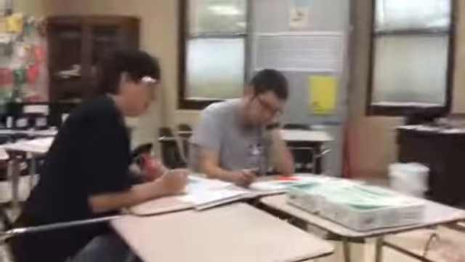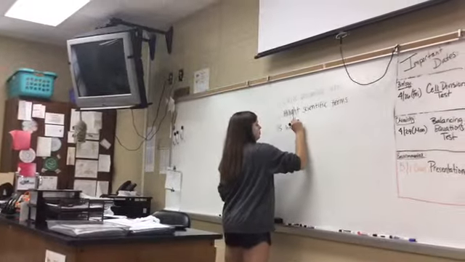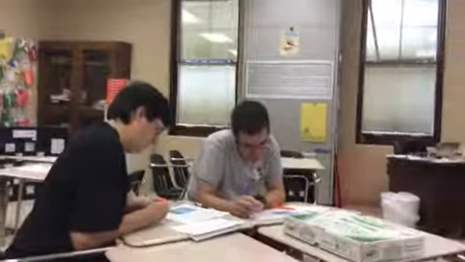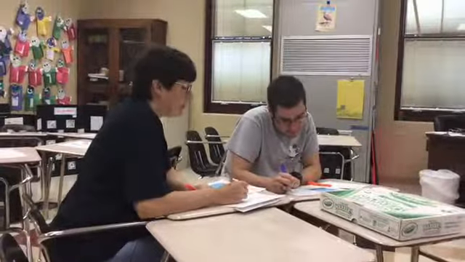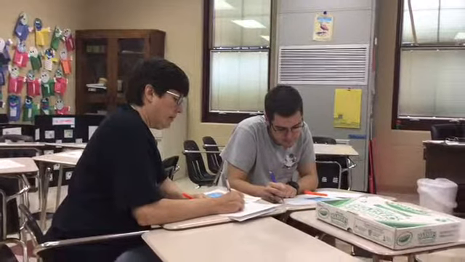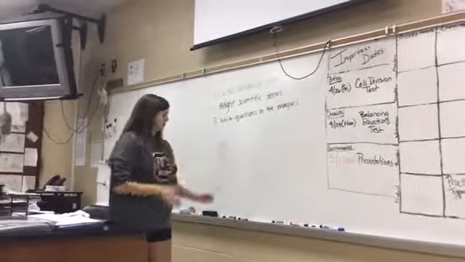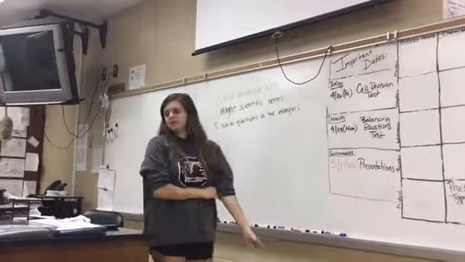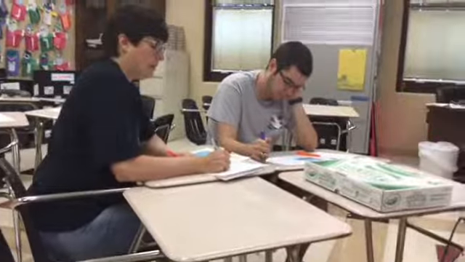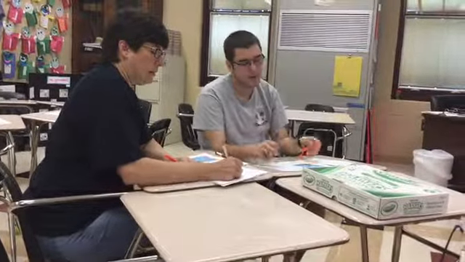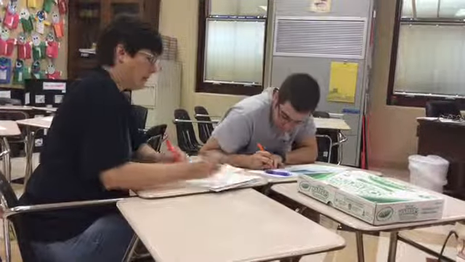But my question is, how do they work together? I'm going to add that to my KWL. I know that photosynthesis is a scientific word, it's in the third paragraph.